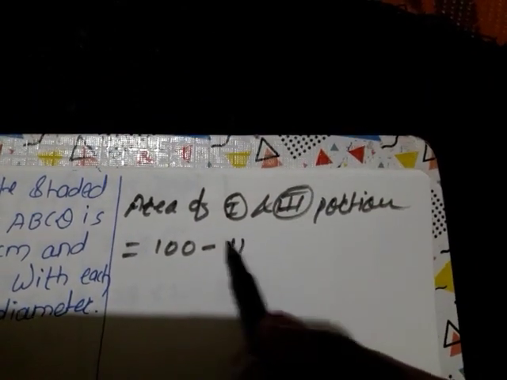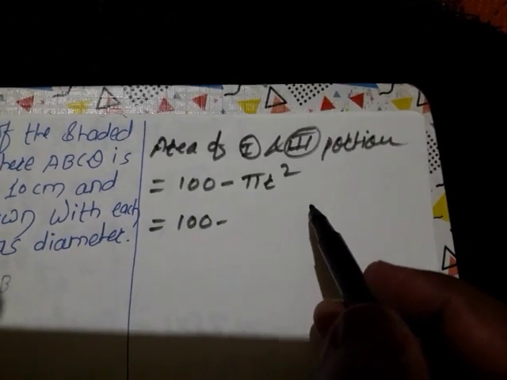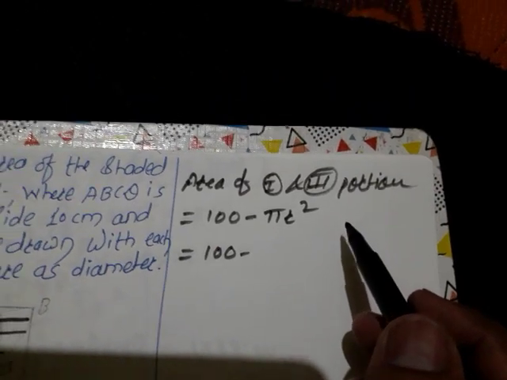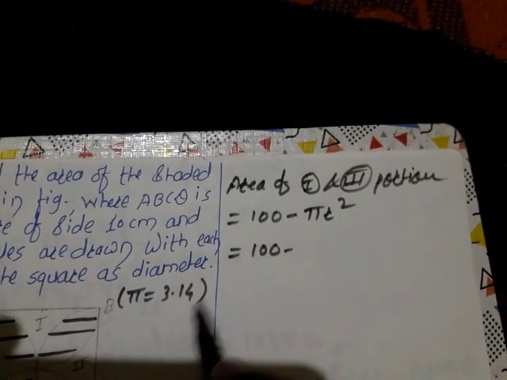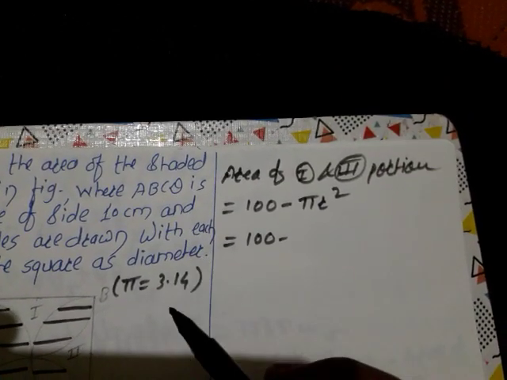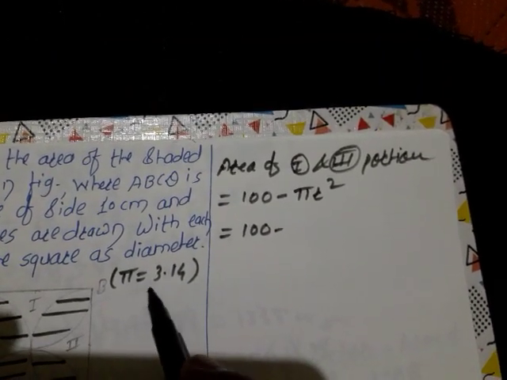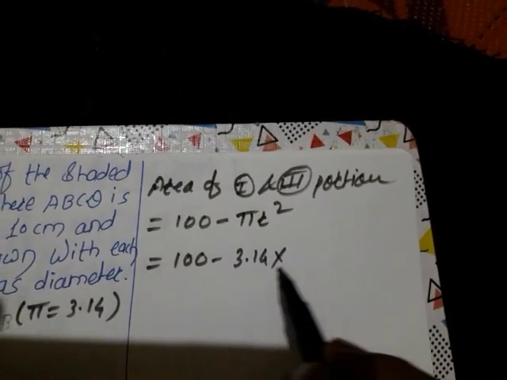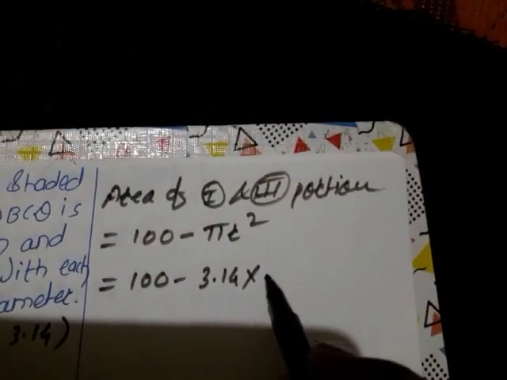Pi r square, that is equal to 100 minus, what value of pi did we mention? Okay, do you understand? What is the value of pi? Here in the figure, with this example only, the value of pi is already given: 3.14. If not given, then we have to consider 22/7. In the previous example it was given as 22/7. Now here 3.14 is given. That value we will use here. 3.14 into the radius of the semicircle, which we got here as 5 centimeter, so 5 square.